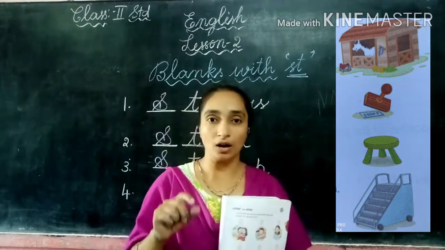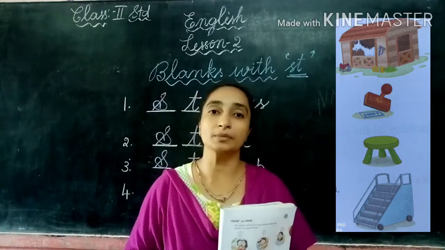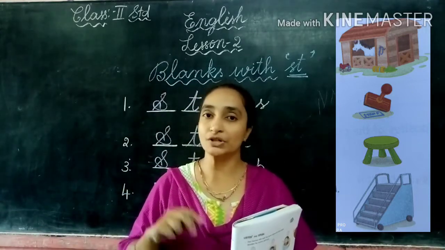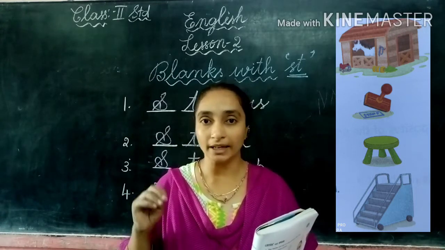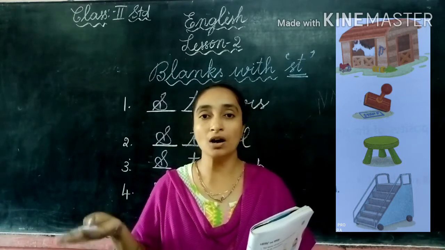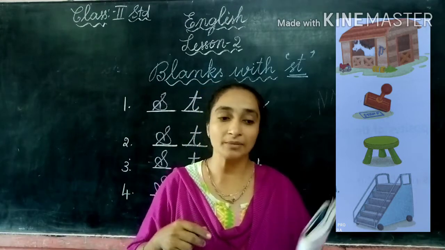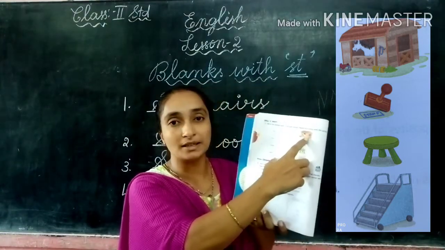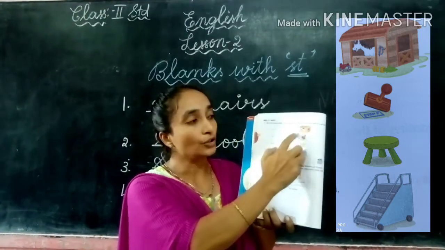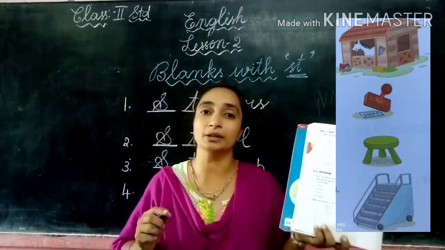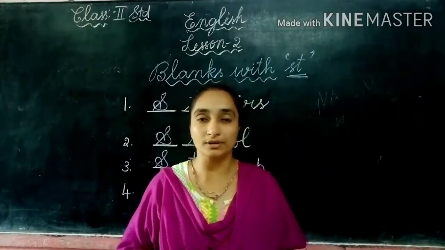The house of the horse is the stable. Cows are kept in a shed, dogs in a kennel. In the same way, the horse lives in a stable. So you can do the matching of the stable picture where the horse lives.